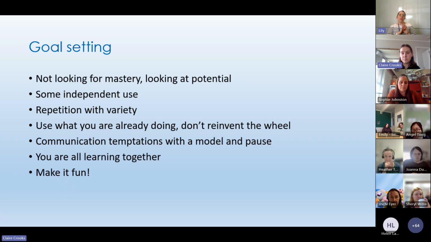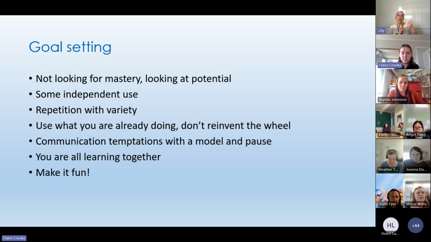So I think really starting there and then thinking about, okay, where do we go next, and going back to your SETT and all that information that you've got around what's motivating, what's interesting, what's important, and thinking about that repetition with variety still.